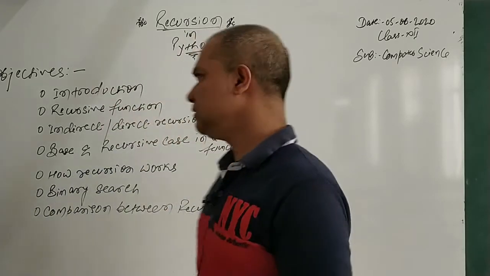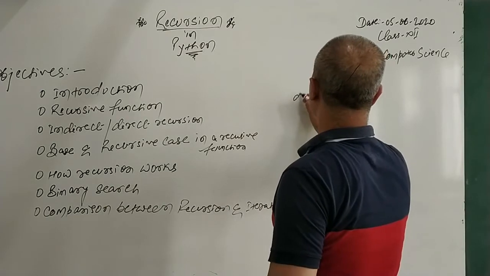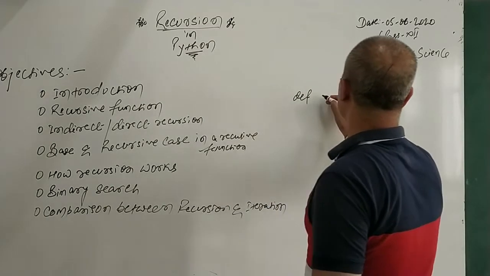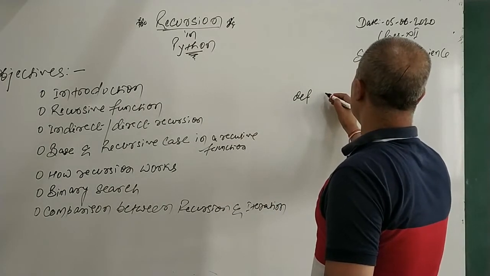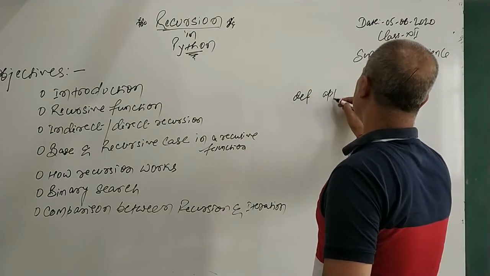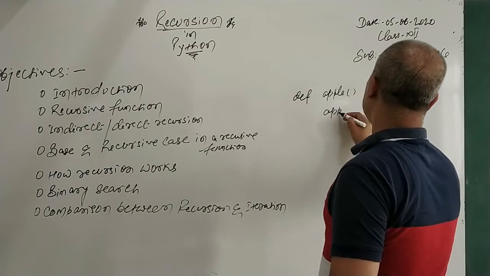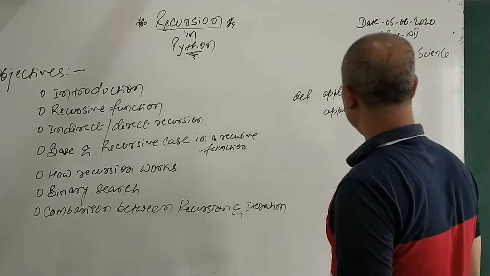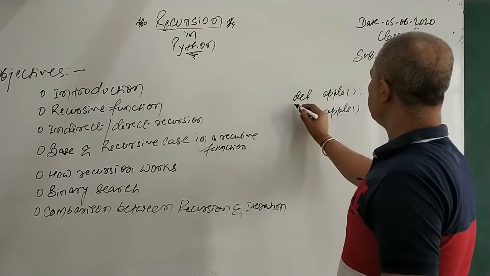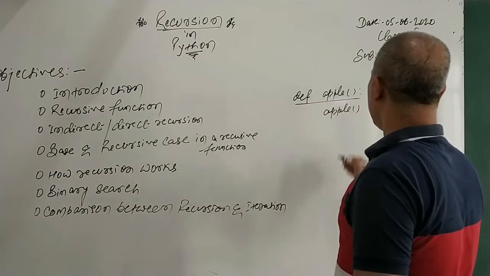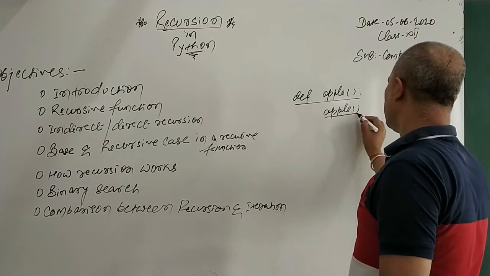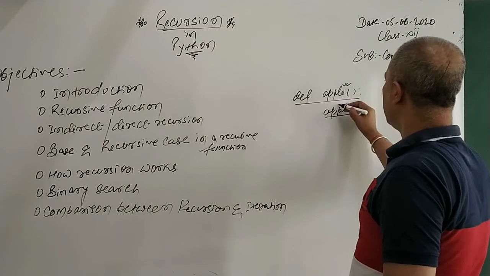For example, suppose you say apple is a function, and it is calling apple itself in its body. As you can see, this is the definition of the apple function, and in its body there is a call to the same function, apple.